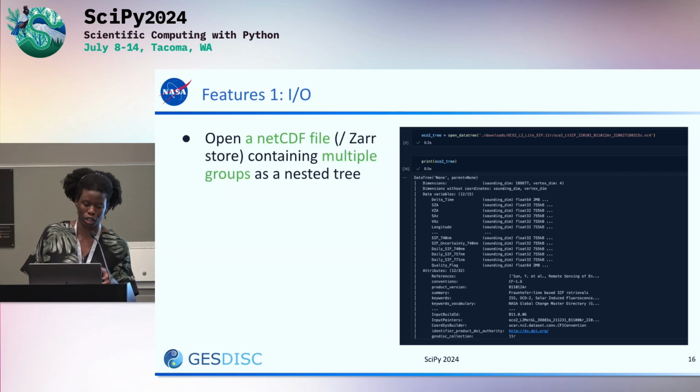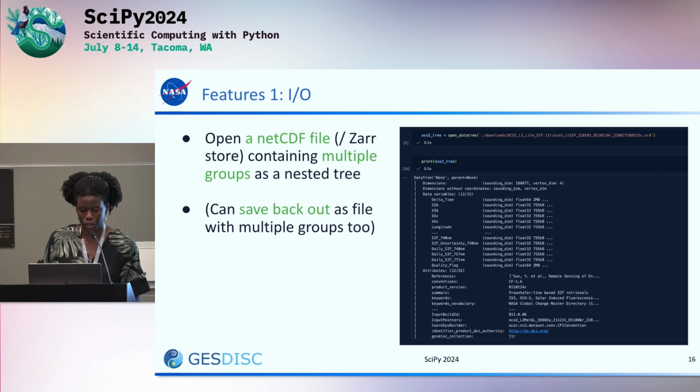So here's another example. A couple of features is that you can open a NetCDF4 file or a Zarr store containing multiple groups. This is an example of a GES DISC data set for atmospheric carbon, and you can see all of the different groups there with the variables and the attributes. It's all nested in, and you get the subgroups within there.